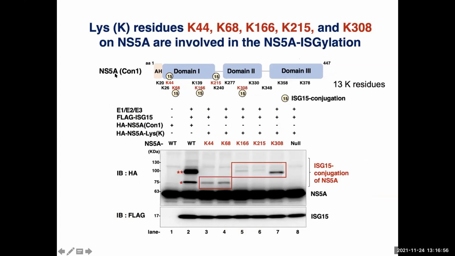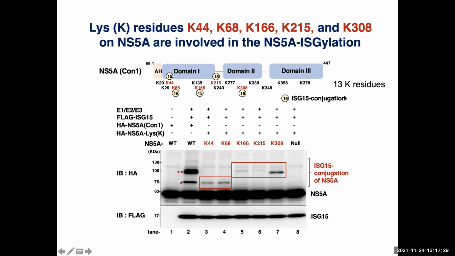We used the Con1 strain, which is a 1b strain of HCV, and NS5A of Con1 has 13 lysine residues. This cartoon shows the structure of the NS5A protein, with domain 1, domain 2, and domain 3, and you can find the 13 lysine residues.